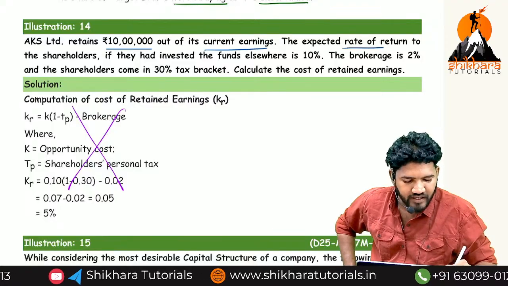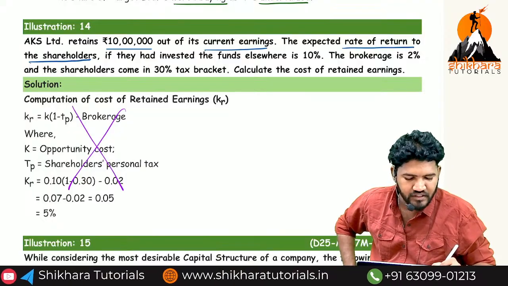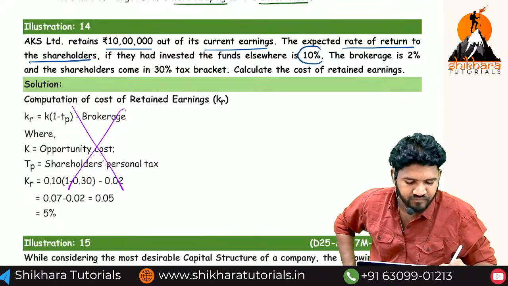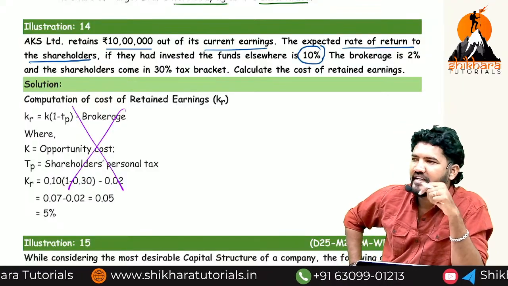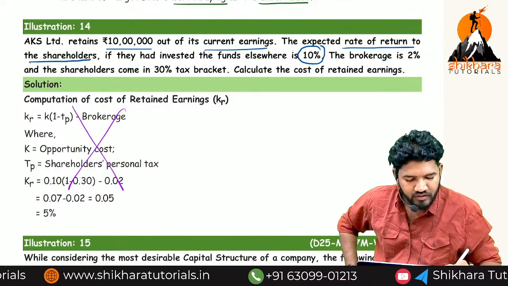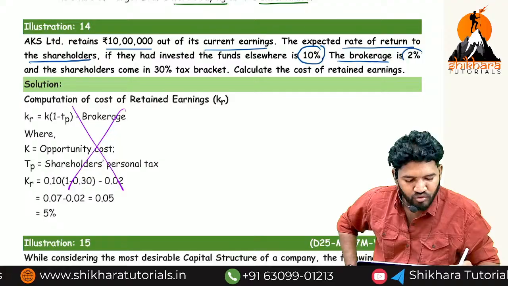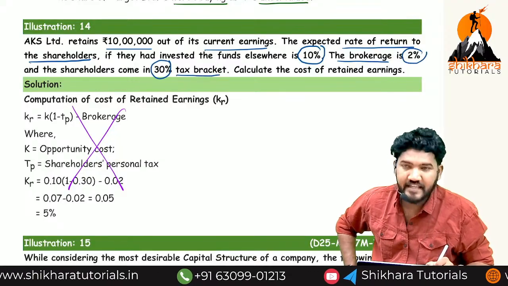The expected rate of return to the shareholders if they had invested in the funds elsewhere is 10%. Now already they are expecting how much? 10%. That is called KE. Now the brokerage is 2% and the shareholders came in 30% tax bracket.